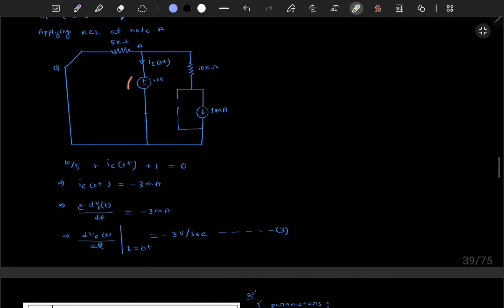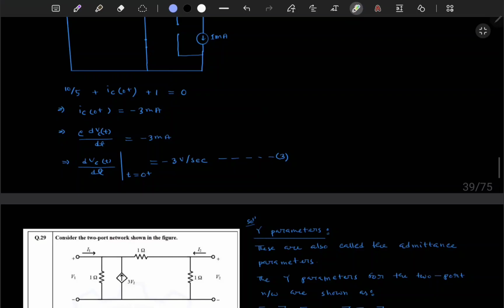So this 10 by this resistance. This is the voltage at this point, in between these two points also, means this 10 volt. So here 10/5. This portion, and this IC is coming here, IC(0+), and here also the inductor current. This one will be 0. Then from here we can calculate IC(0+), that will be -3.